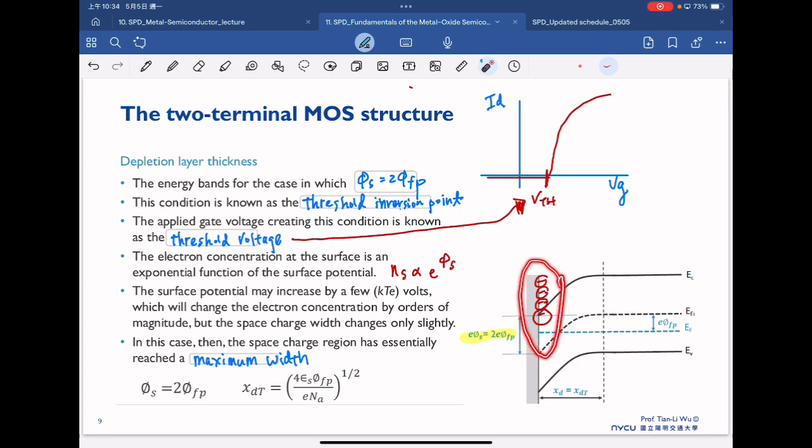Beyond this condition, a slight increase of gate voltage will induce a dramatic increase of the electron concentration at the surface, and this starts to generate electrons in the channel, where we have the source, drain, and gate.